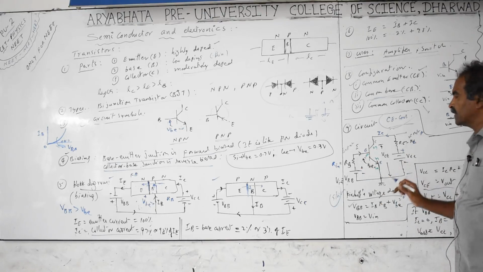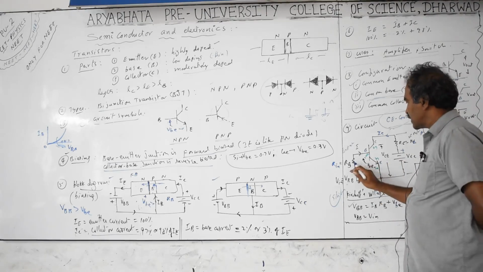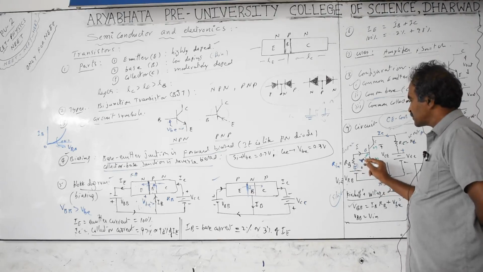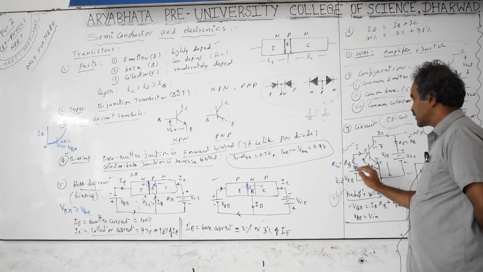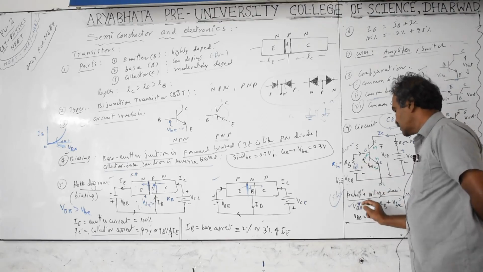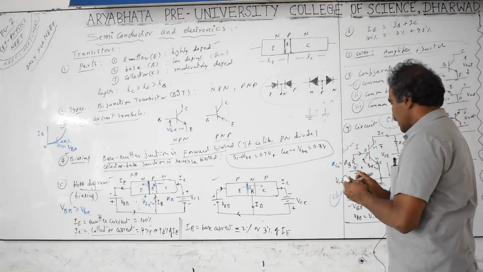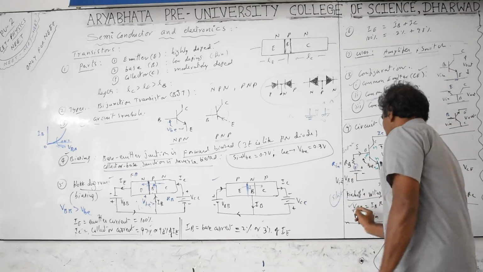If you are connecting a mic, then in series with VBB or parallel to that we have to take the connection for this mic. When the mic voltage changes, that will be added to or subtracted from VBB. This is called dynamic values. Dynamic means variable values. When you take variable values, we take the same equation as delta. That means delta VBB you have to use.